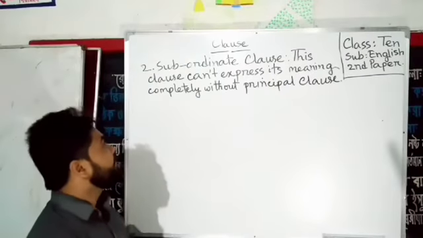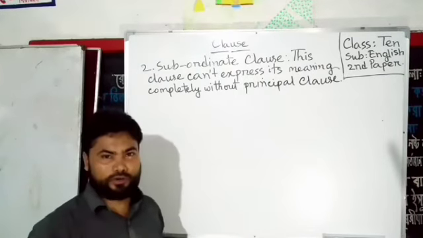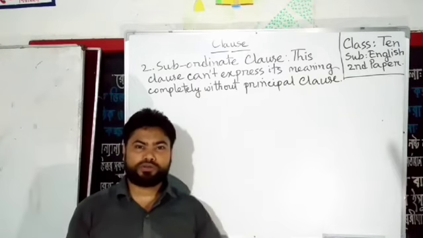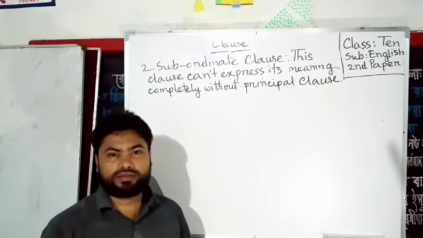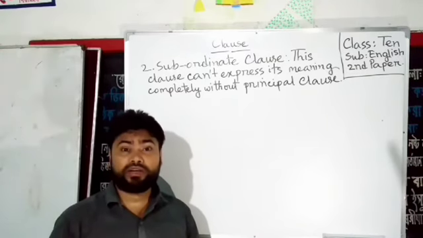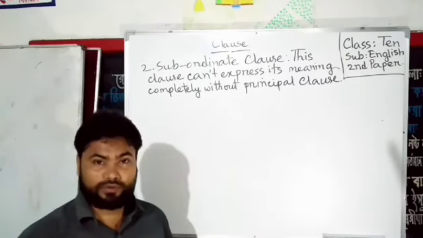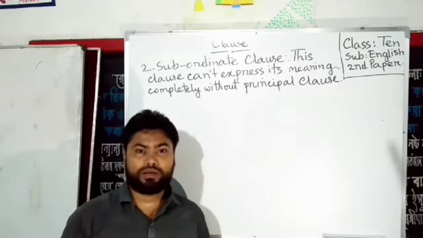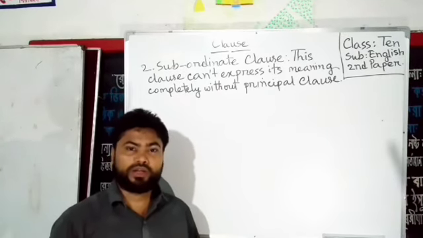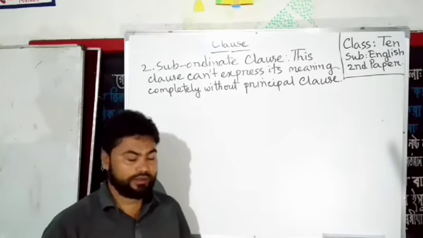Dear student, what is a subordinate clause? A subordinate clause is a clause which can't express its meaning clearly or completely without a principal clause. Now let's see an example.